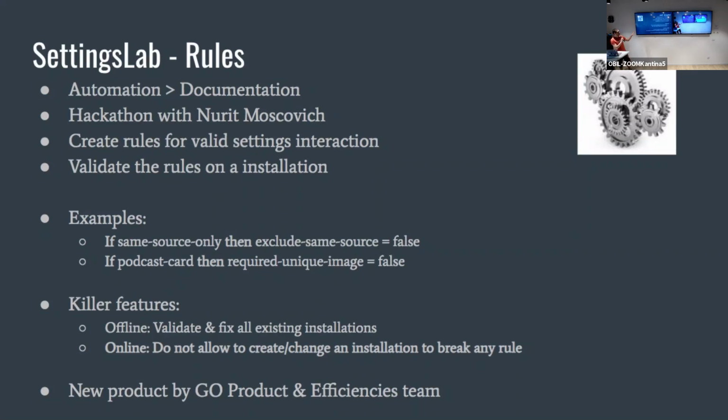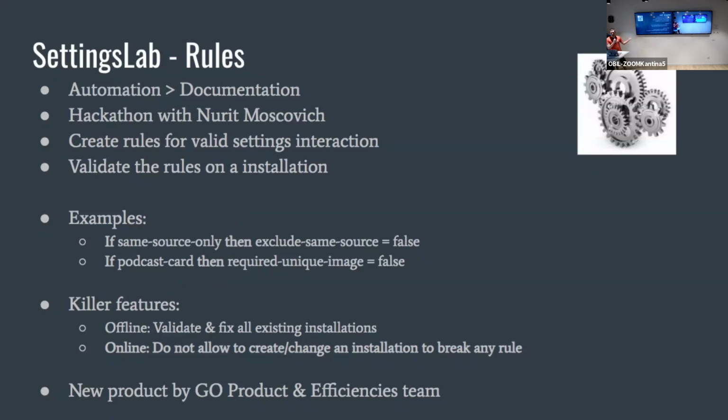There's another setting, number 7, I think, called exclude same source, which means don't give me recommendations from the same source. So as you can see, if they both are turned on, you won't get any recommendations by design. So a rule that can be applied across all the system is: if this is enabled, this should be disabled. That's it.